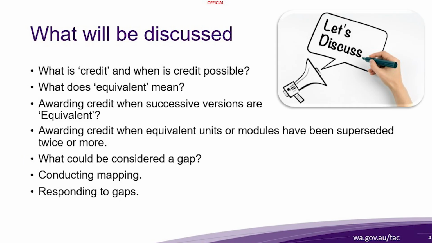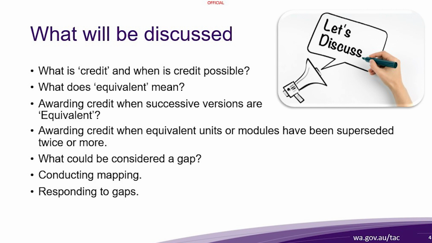So what we're going to talk about today is, first of all, what is credit and when is credit possible? So we'll have a quick look at that, and it really is important that we understand the function of credit and how credit works within a competency-based system where we have units of competency that define outcome standards.